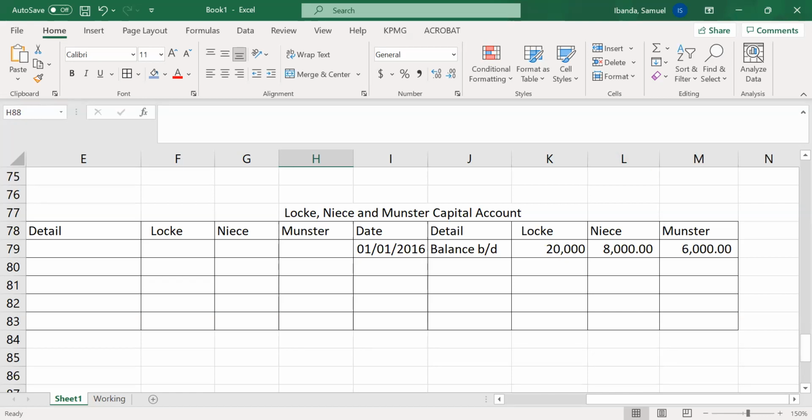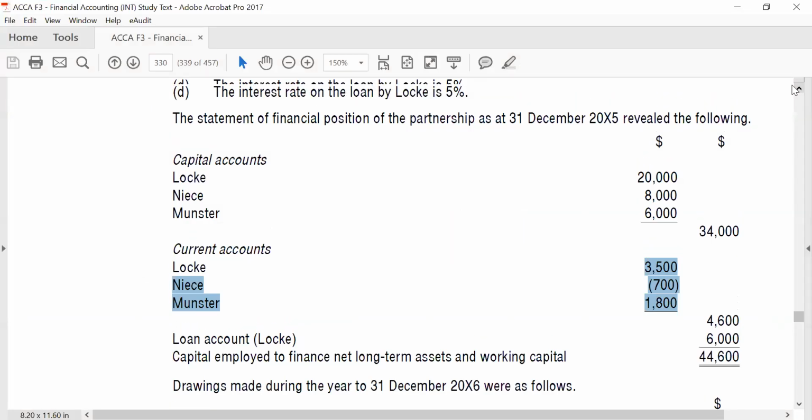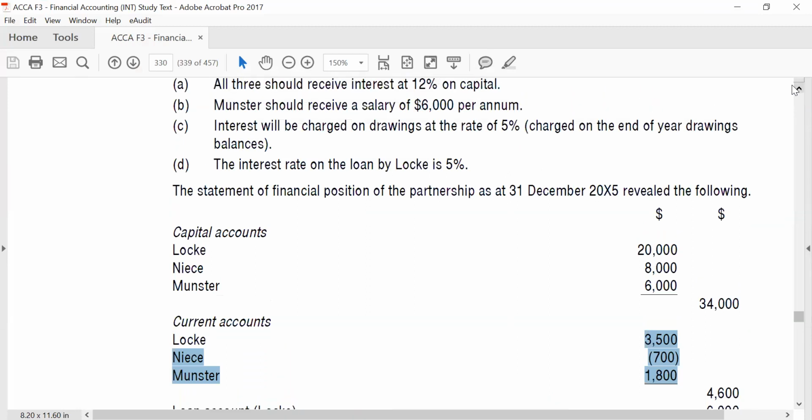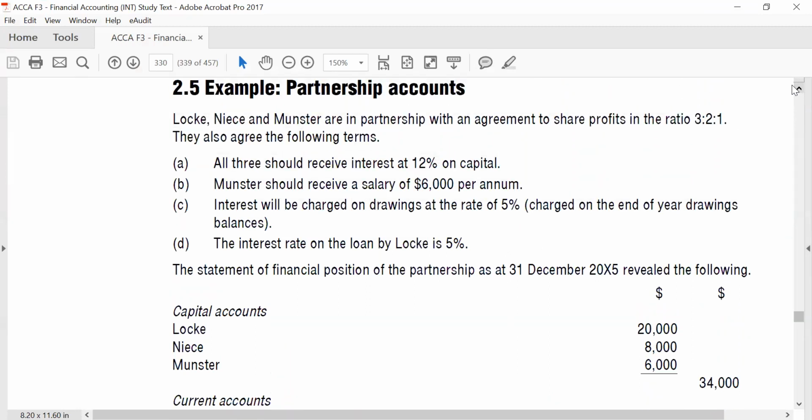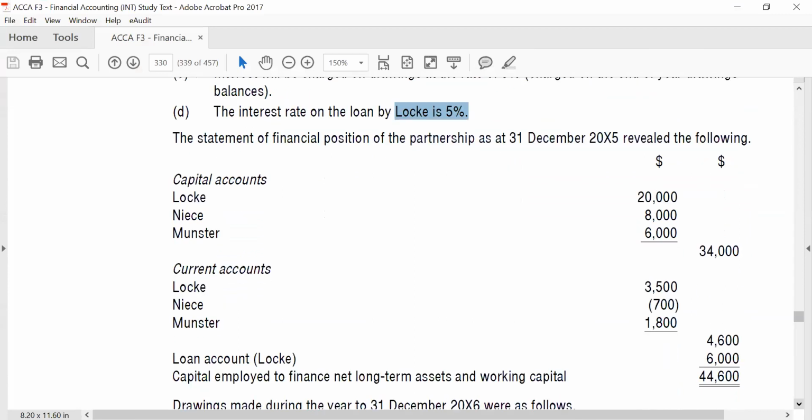So there was a question on interest on the loan. So we have interest on the loan given by Lucky, which is at 5%. And they are telling us this loan is worth 6,000.